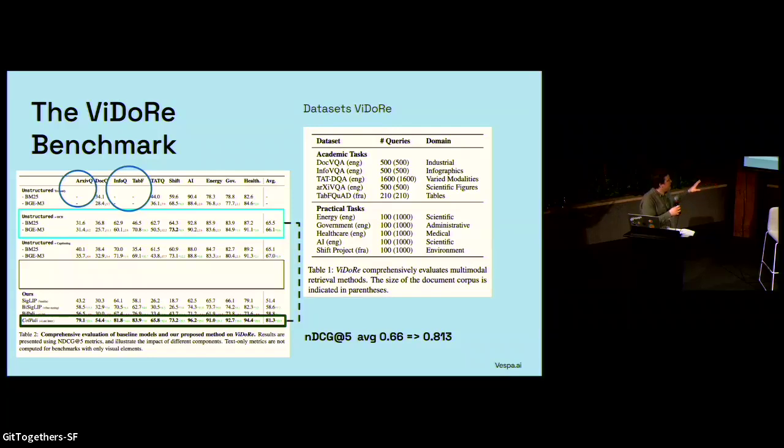And we saw this as a very good sign that this is something that is going to keep getting better in the future. And we've seen a few cases that happen already. So you can see the increase in the score here from 0.66 to 0.813. That's pretty massive.